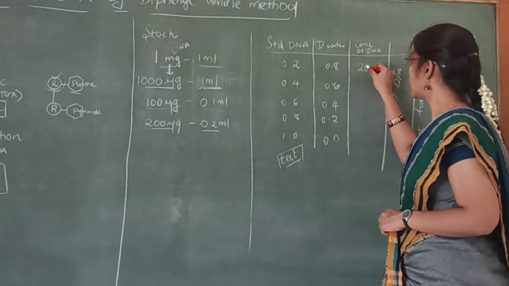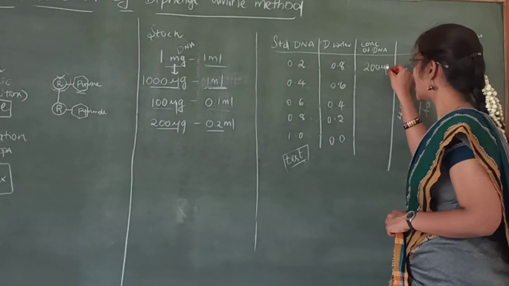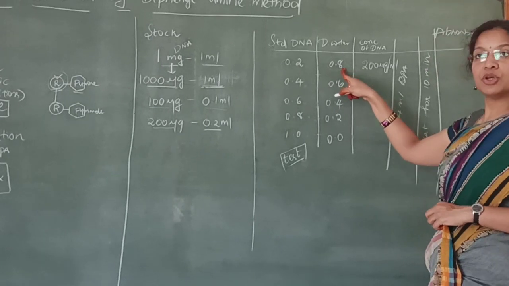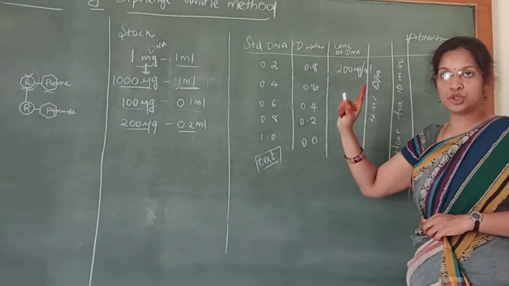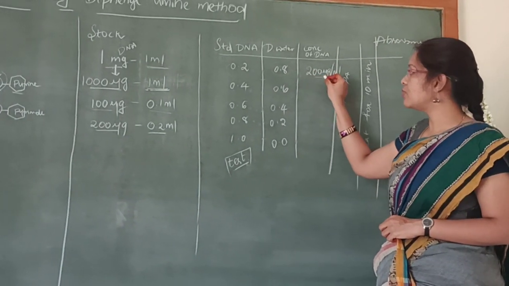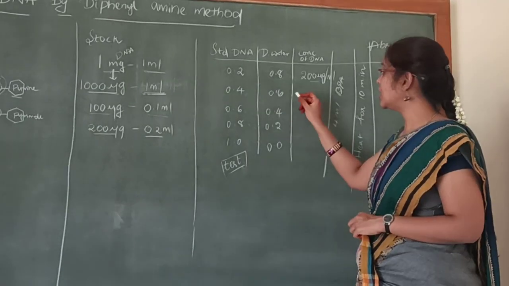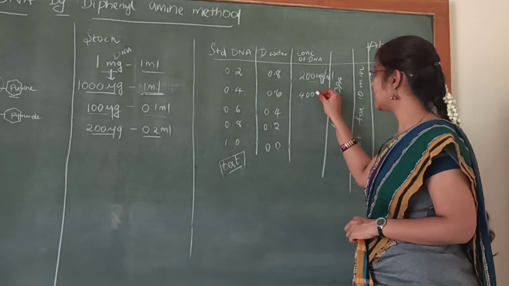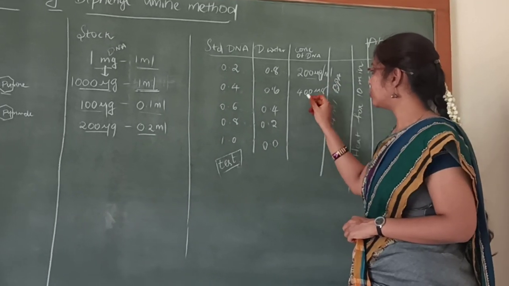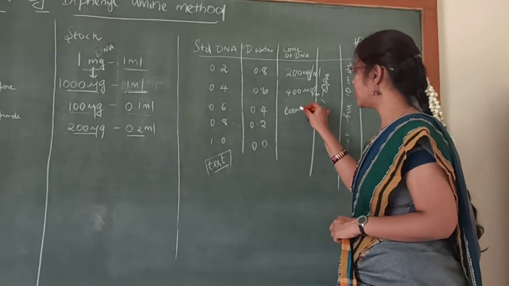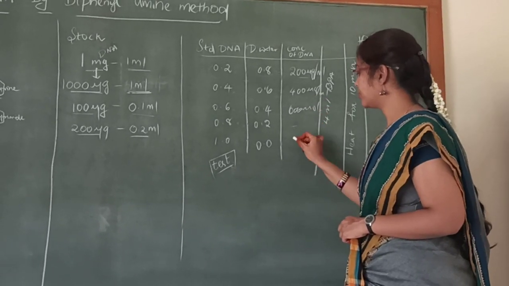So here the concentration is 200 μg per ml, because in this test tube now you have 1 ml of solution in which 200 μg of DNA is present. Similarly, if you keep on calculating for all of these, you will have 400 μg per ml, 600 μg per ml, and so on.